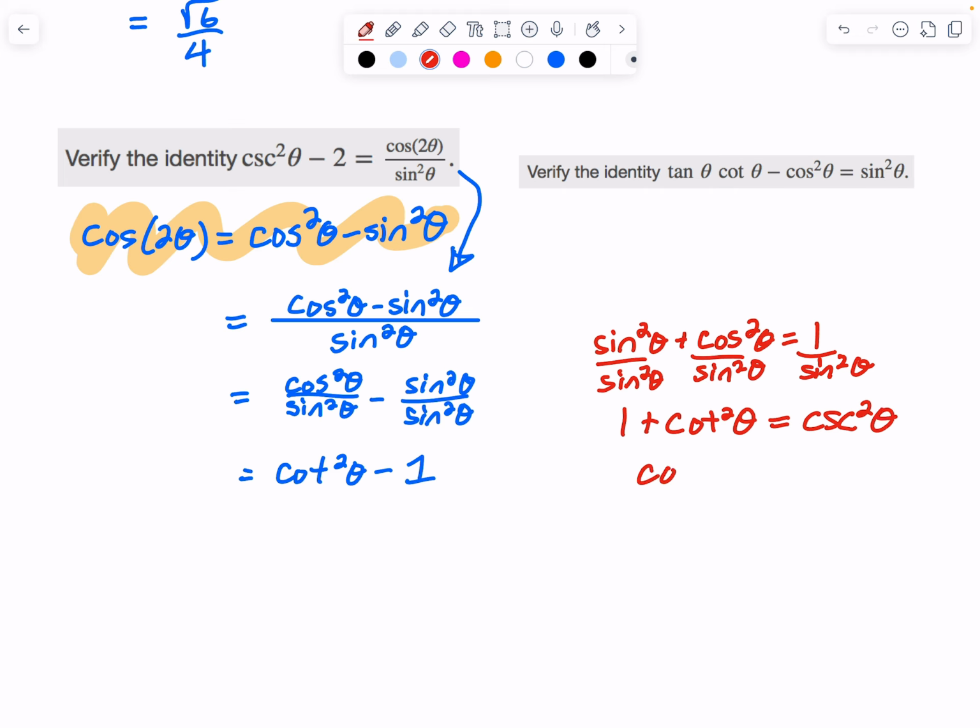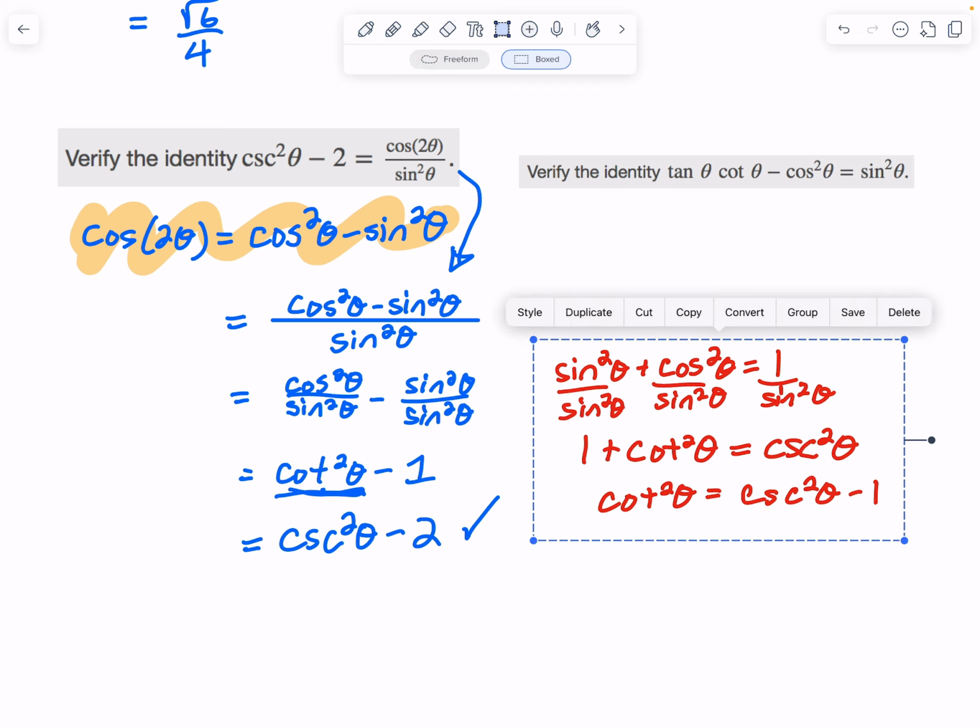And I can see that cotangent squared is going to be cosecant squared theta minus 1. So if I were to replace that down here, then I'm going to get cosecant squared theta minus 1, and then I have another minus 1 out of that. So it's going to be a minus 2, which is what I was looking for.